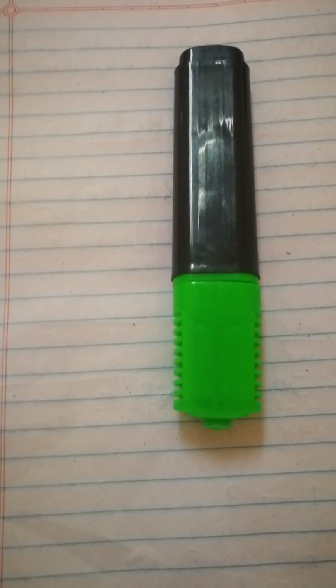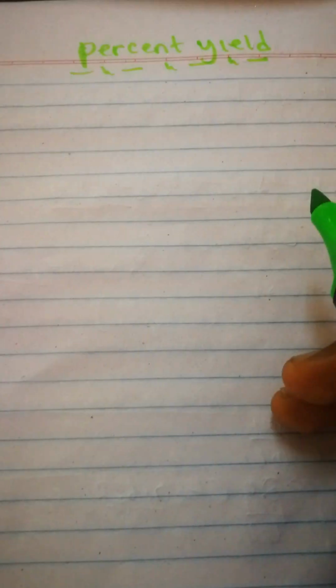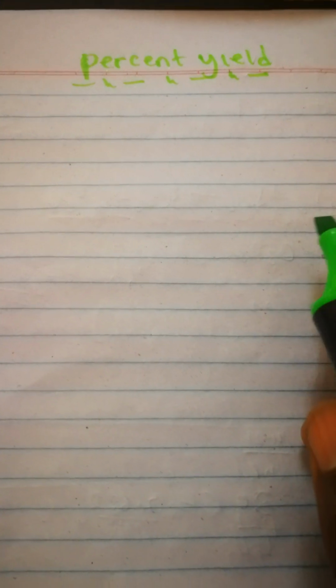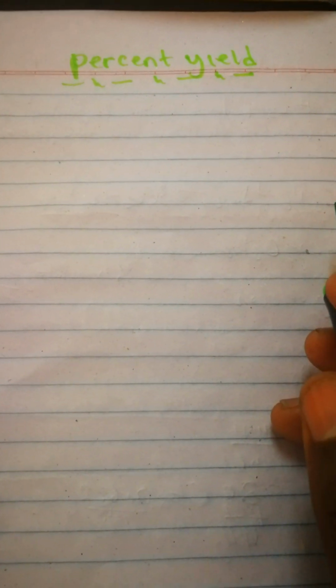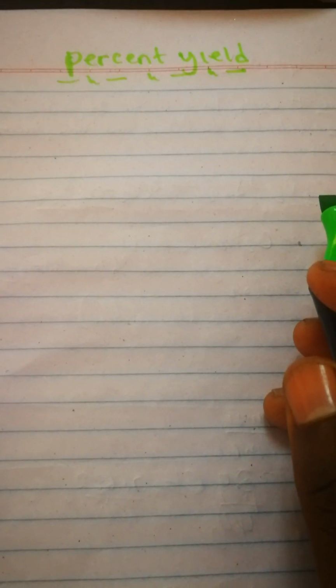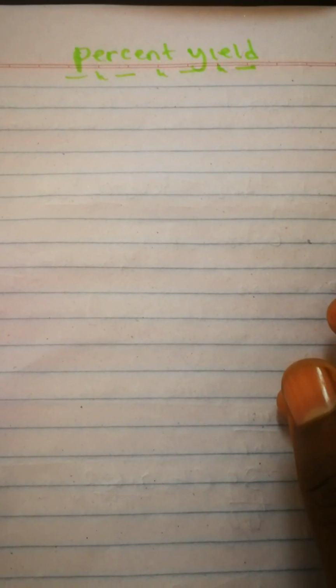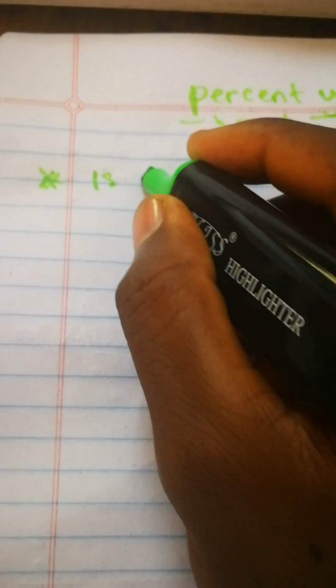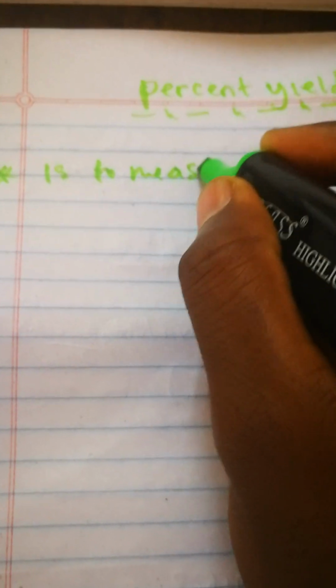We're going to learn about percentage yield. So what is percentage yield? Percentage yield measures the efficiency of a chemical reaction.